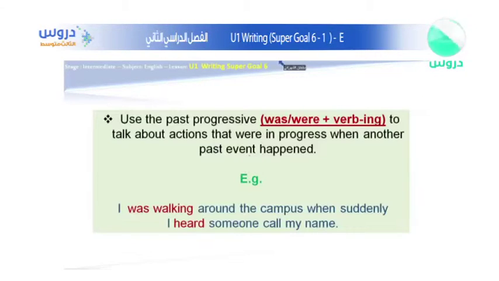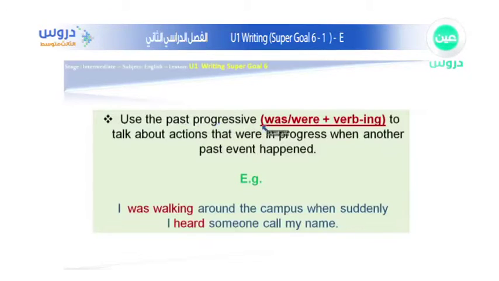Let's see. The first thing. Number one, use the past progressive. What is the past progressive? Was or were, plus verb, then ing. For example, was walking.